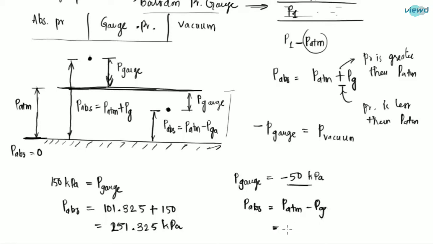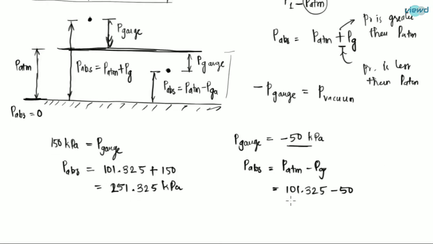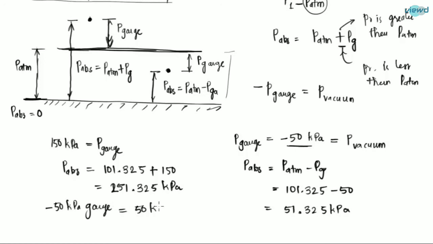So atmospheric pressure is 101.325 minus 50, which gives us 51.325 kilopascal. So this P gauge pressure, minus 50, can also be written as P vacuum. Minus 50 kPa gauge pressure is also equal to 50 kPa vacuum.